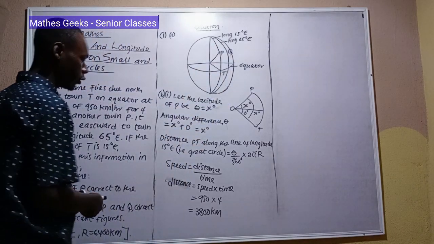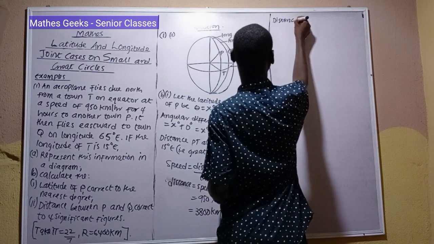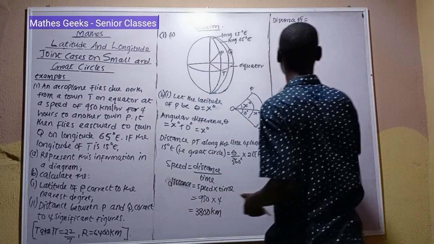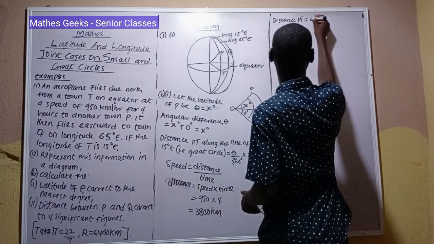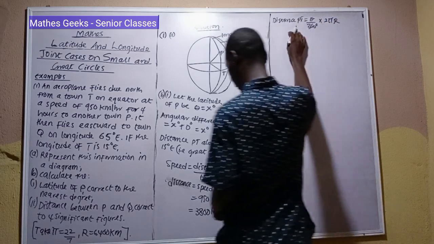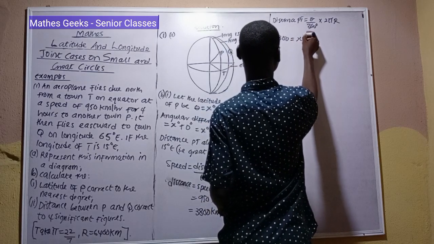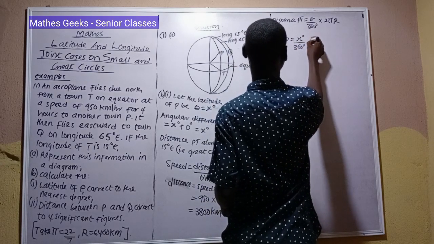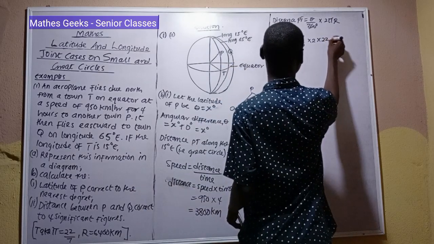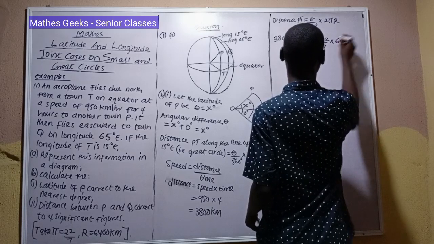Now that we have the distance, distance PT is equal to the angular difference x over 360 degrees times 2 pi r. So 3,800 is equal to x degrees over 360 degrees times 2 times pi, which is 22 over 7, times r, which is 6,400.